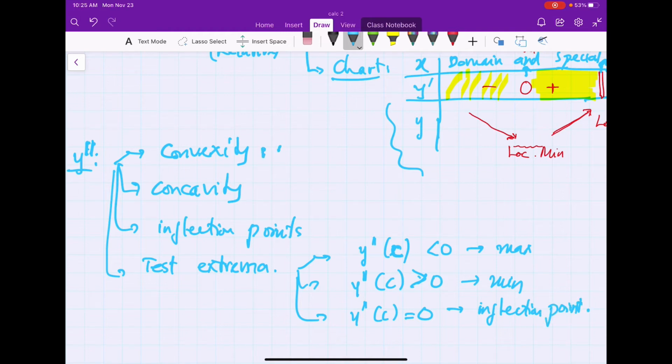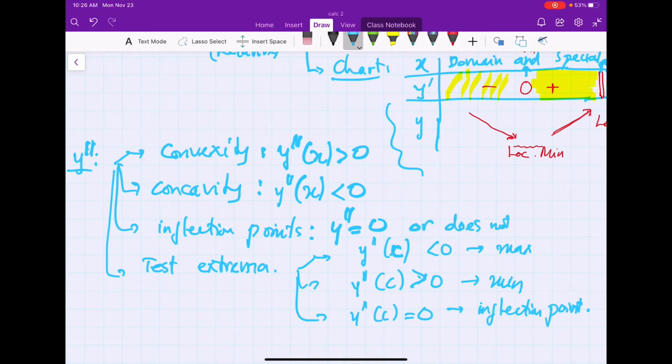Okay, I will write here: convexity when the second derivative is greater than 0, concavity when the second derivative is less than 0. Inflection point, the second derivative equal to 0 or does not exist. So basically, we say inflection points are points where the function changes between convexity and concavity.